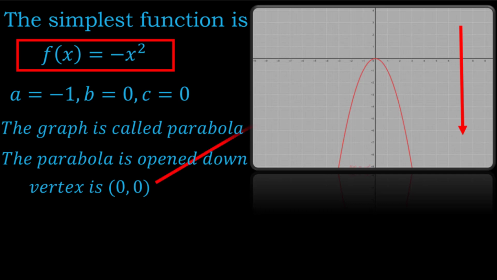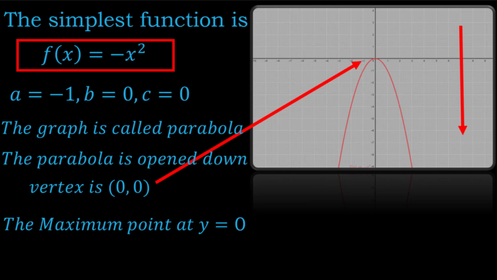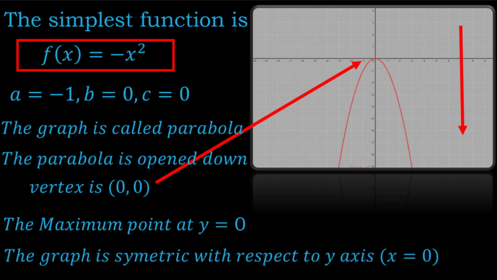Its vertex is 0, 0 again, which is the origin point, and the maximum point is at y equals 0. But in the previous example, we had a minimum value of the function at y equals 0, and the graph is symmetric with respect to the y-axis, whose equation is x equals 0.